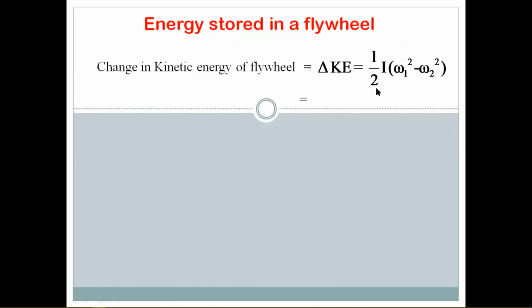Here half I omega 1 square is equal to kinetic energy at maximum speed, whereas half I omega 2 square is equal to kinetic energy at minimum speed. That will be converted into I Ks omega square, where Ks is equal to omega 1 minus omega 2 by omega.